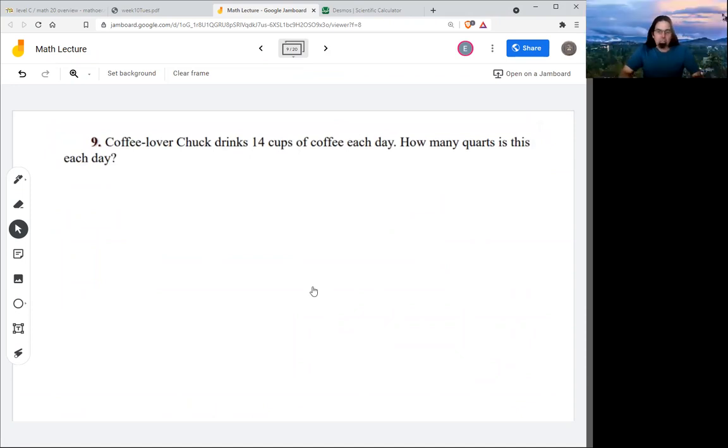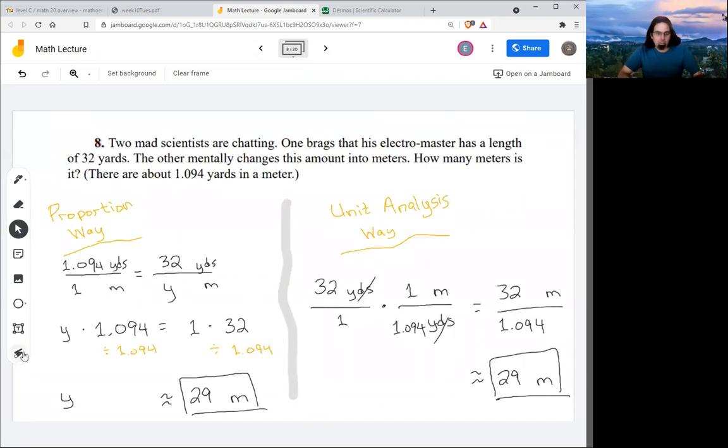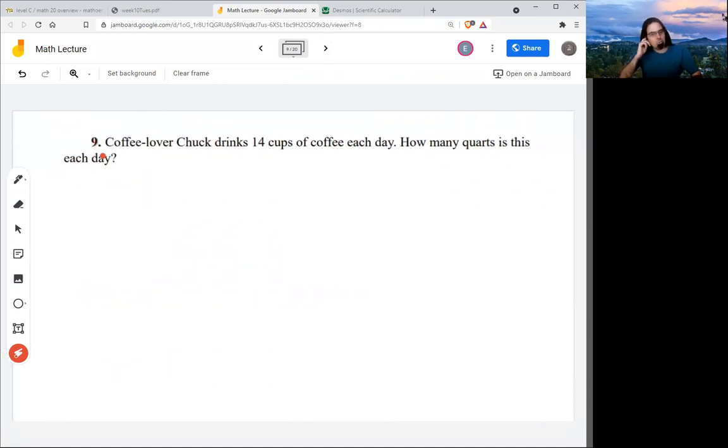So this time it's slightly trickier. We're upping the difficulty by not giving you the conversion rate in the actual problem. We just have to know, from having done these before, that 1 quart is how many cups?